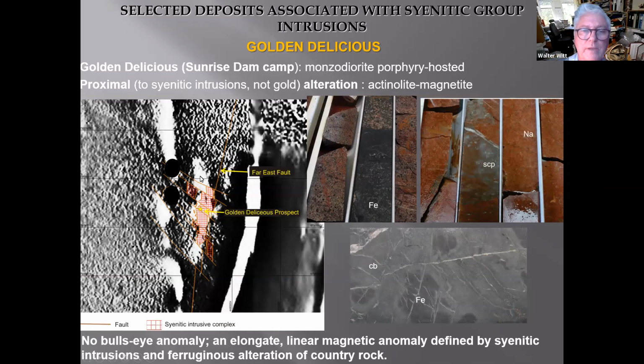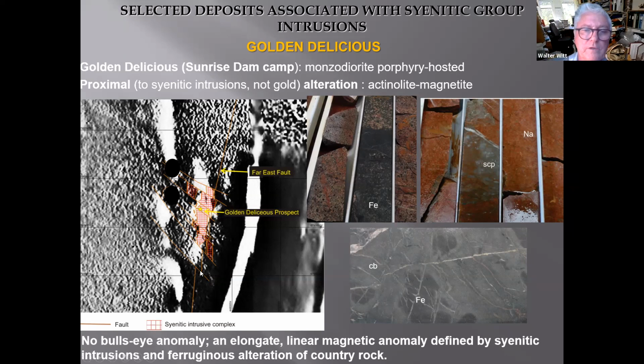That magnetic anomaly is caused by magnetite-bearing ferruginous alteration, both in the porphyry and in the wall rocks of the intrusion. So this shows the ferruginous alteration in the porphyry, and this shows relics of ferruginous alteration in the enclosing mafics or andesites. Notice that the ferruginous alteration has been overprinted by regional carbonate alteration, thus constraining the ferruginous alteration to a fairly early stage.